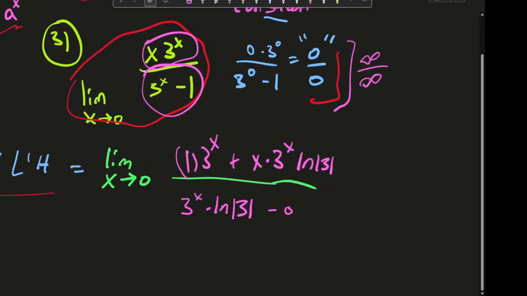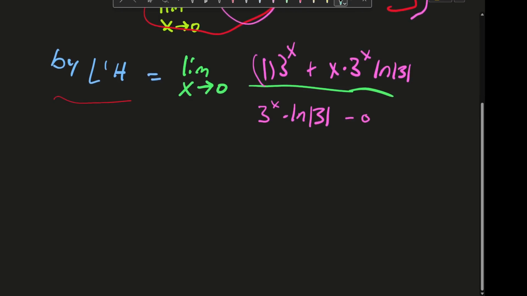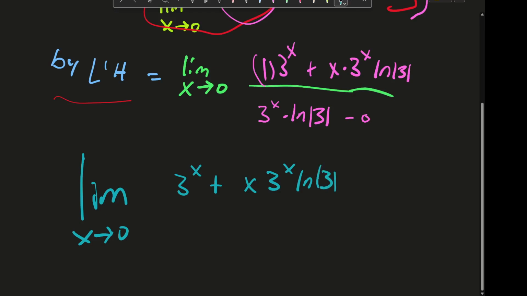So looking at that, this simplifies down to 3 to the x plus x 3 to the x ln of 3 over 3 to the x times the ln of 3.